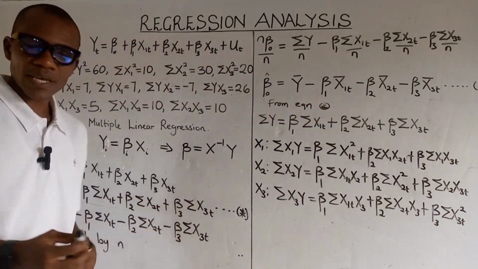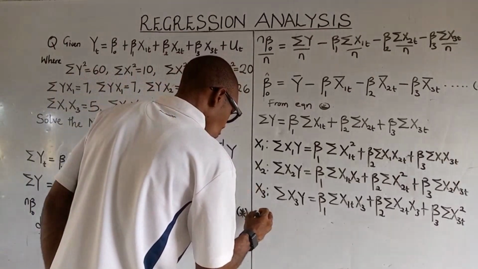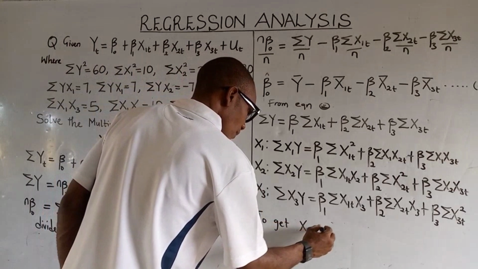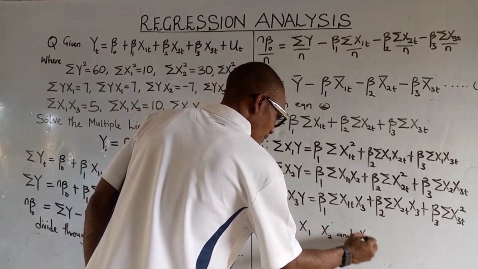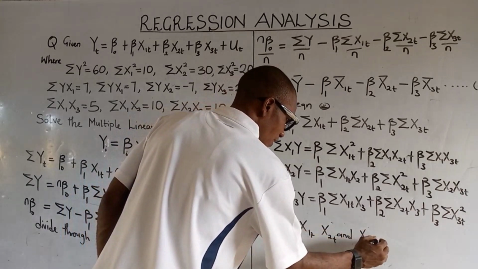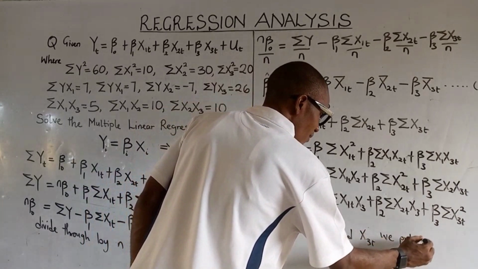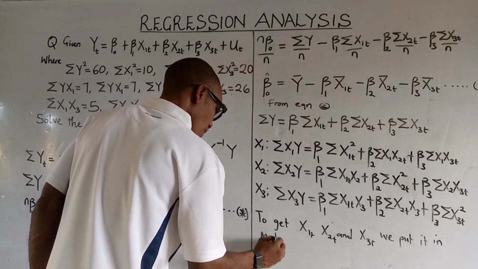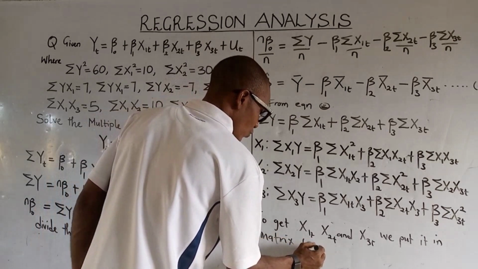To get x1, x2, and x3, that means x1t, x2t, x3t, we have to put this in matrix form, so it will be very easy for me to solve.